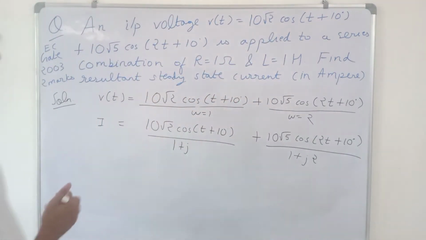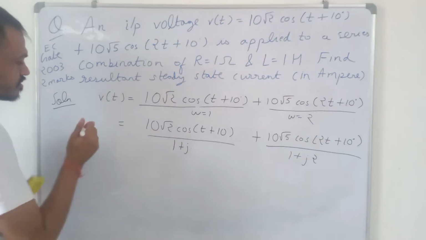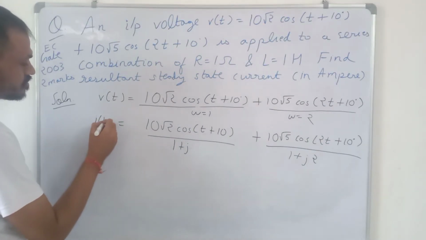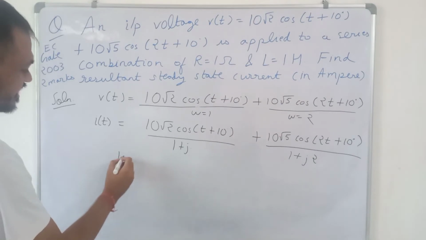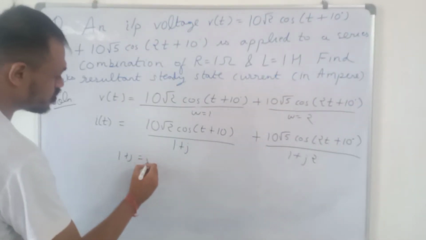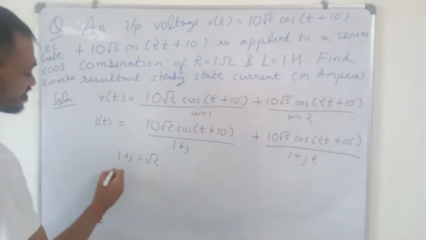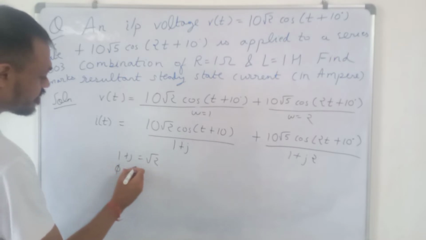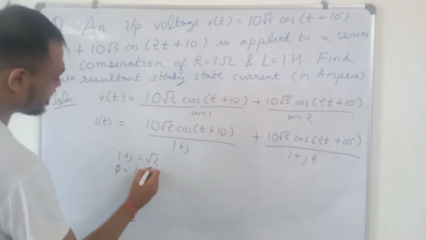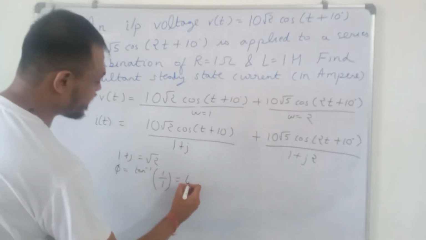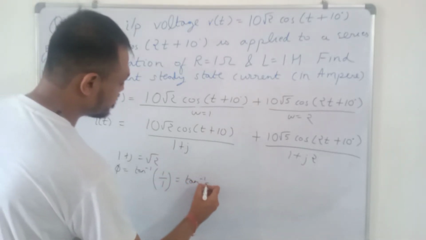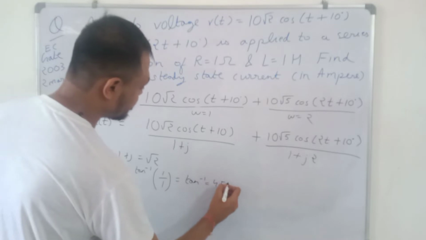So I of t will be equal to, now the magnitude of 1 plus j is equal to under root 2. And its phi is tan inverse of 1 upon 1, which is equal to tan inverse of 1, which is equal to 45 degree.